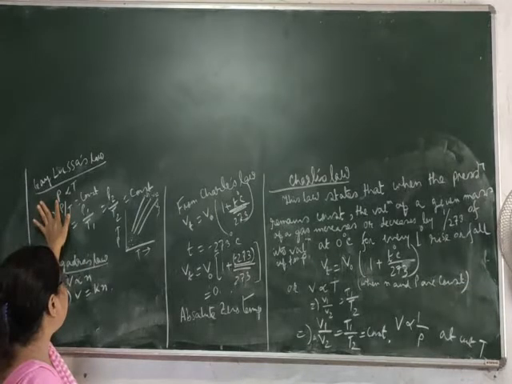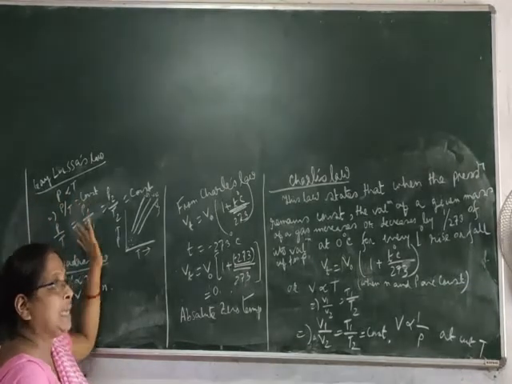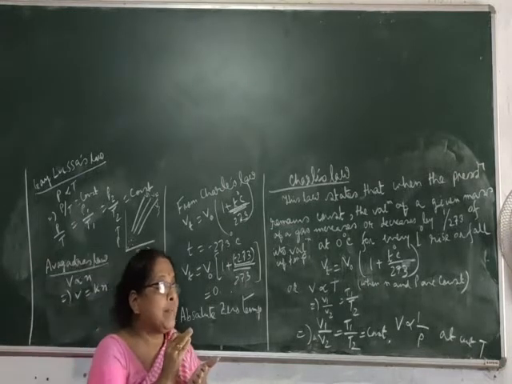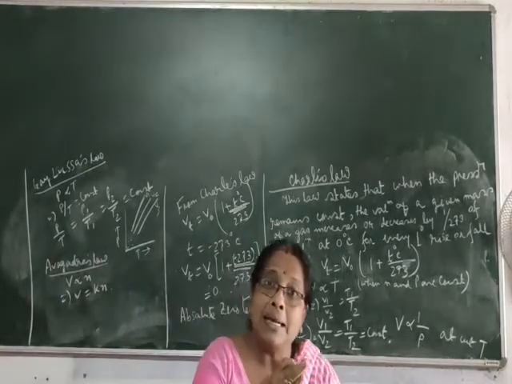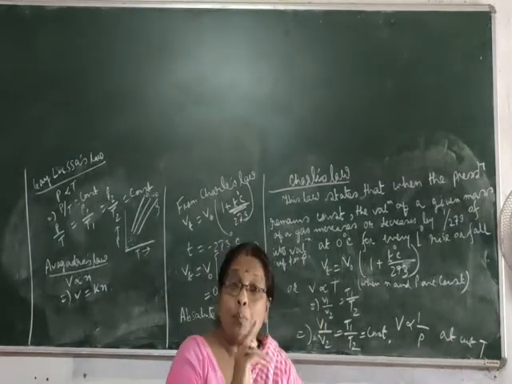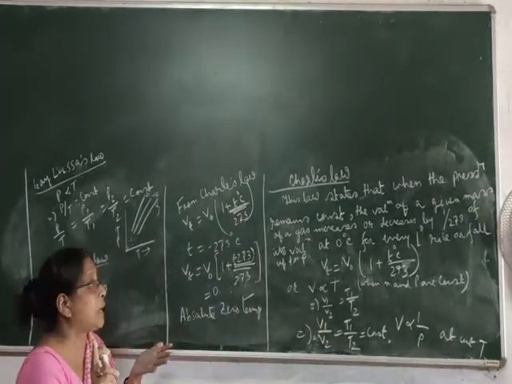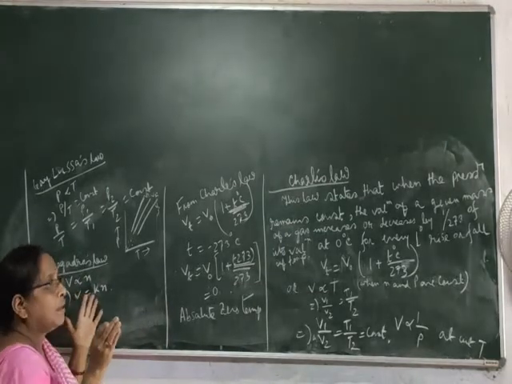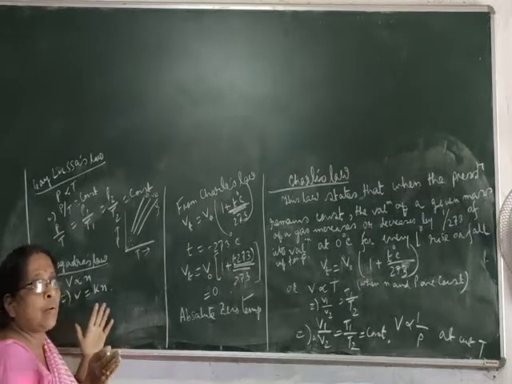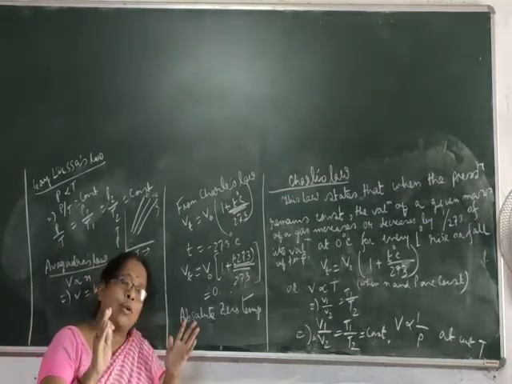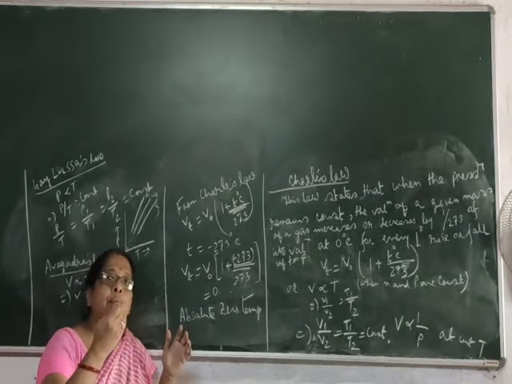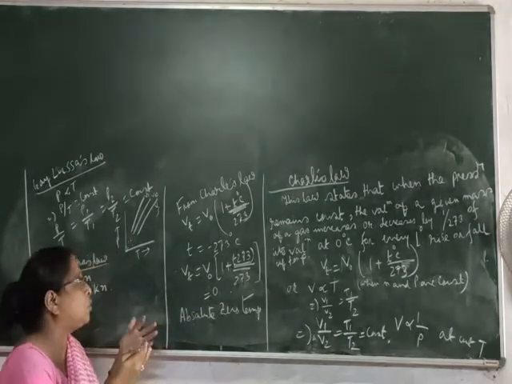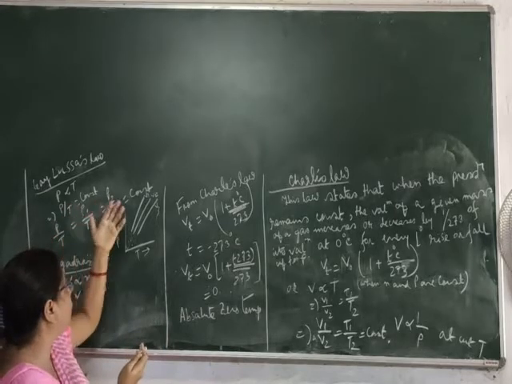So P is directly proportional to T. At constant volume, pressure of a given mass of a gas is directly proportional to temperature. So we can write P by T is equal to constant. Similarly, P1 by T1 is equal to P2 by T2 is equal to constant.